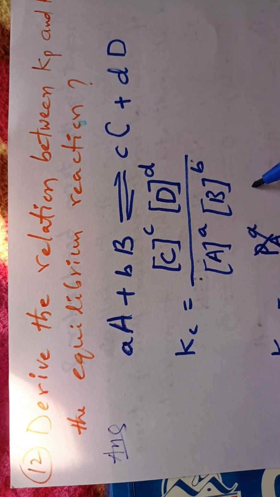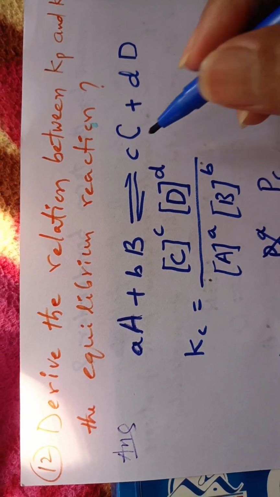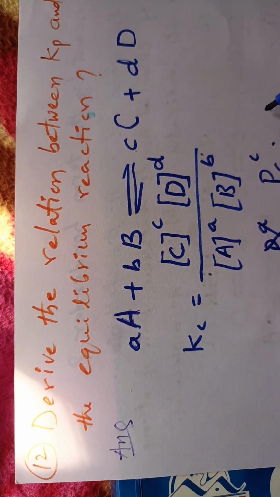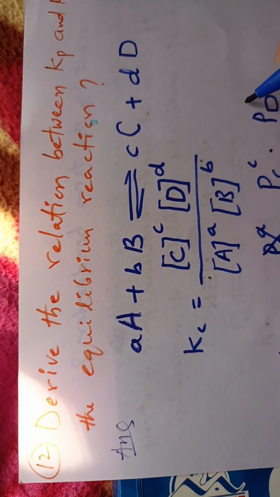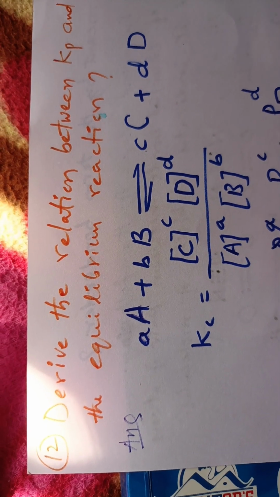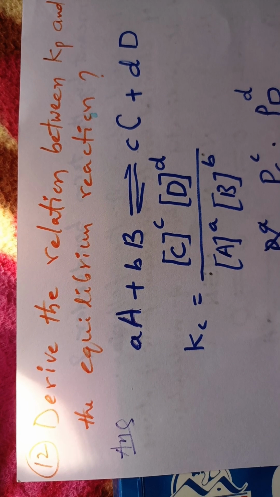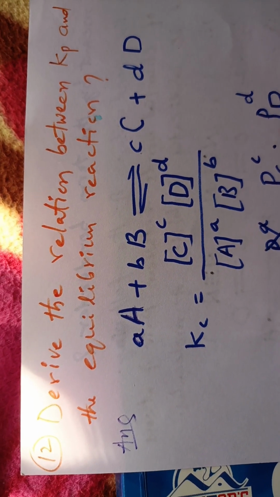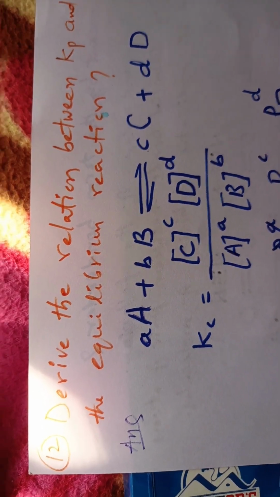That means pressure of C with power small c, this is the coefficient, multiplied by pressure of product D with power small d, this is the coefficient, divided by the same for reactants: pressure of A with power small a, pressure of B with power small b.